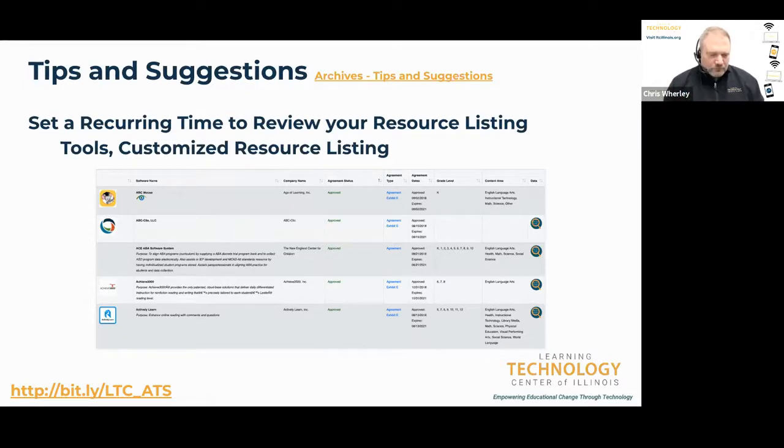If there are things missing or things that are not right, that's a way for you to go and look at that. It also gives you some encouragement as you put things in there, you're going to see that build over time. If you haven't found your resource listing yet, it's under tools and custom resource listing.